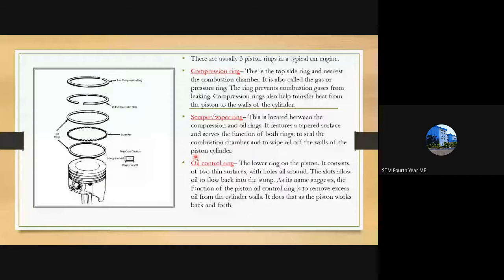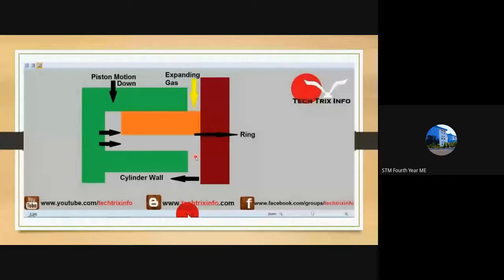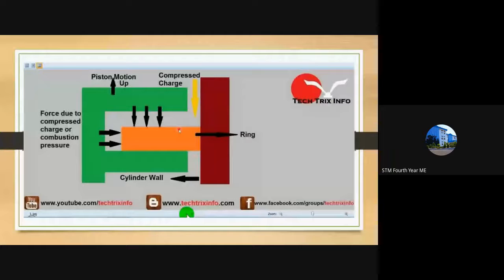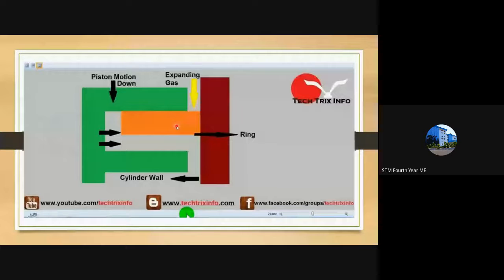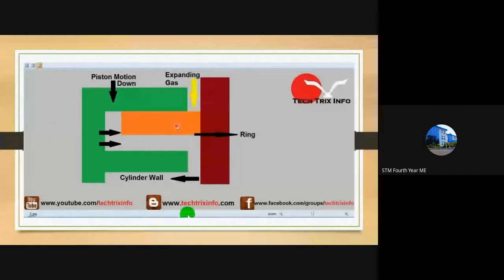Then, how does the sealing of gases inside the cylinder occur? So this is a piston. The green portion that is shown is the piston. The orange part is the piston ring. Initially our first stroke is the suction stroke. In a suction stroke, I have already told you, the piston moves from the TDC to the BDC.